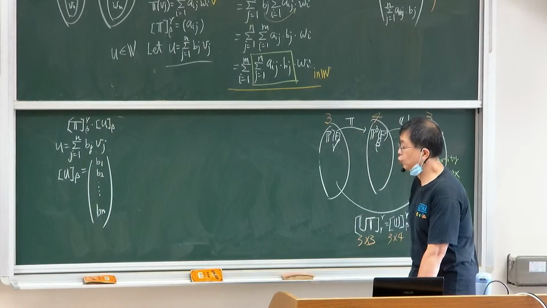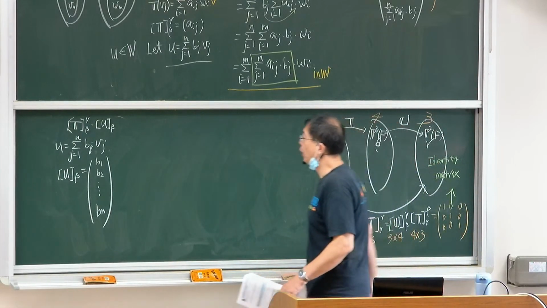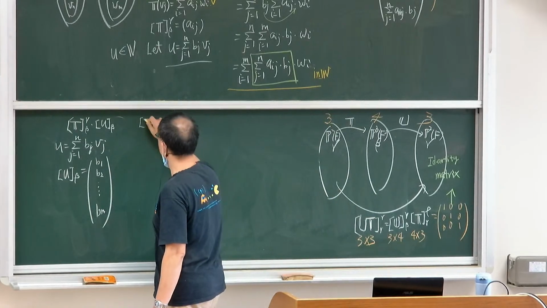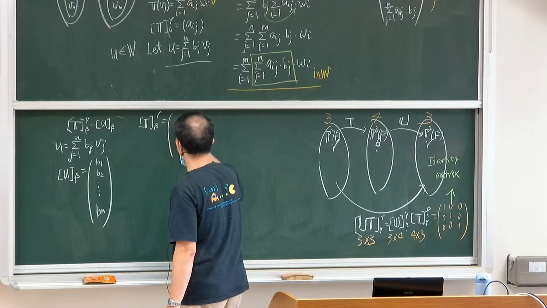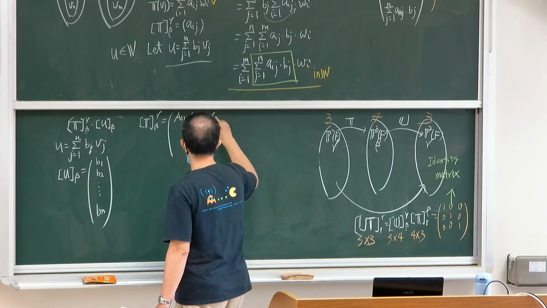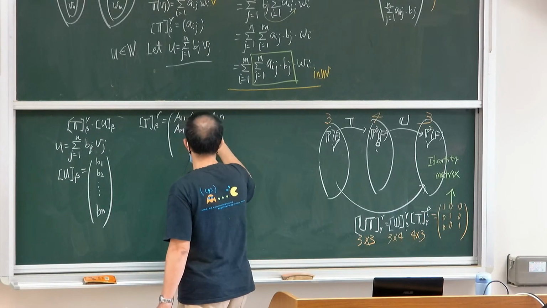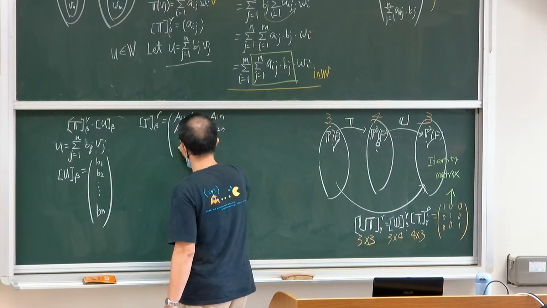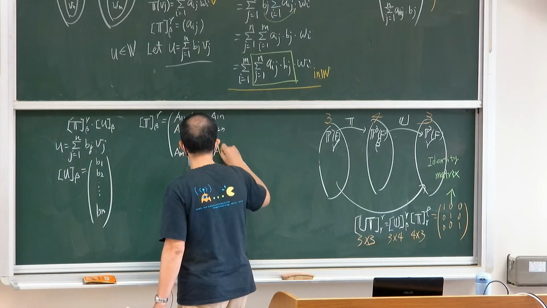And what will this matrix look like? It becomes A11, A12 to A1n, A21, A22 to A2n, etc., AM1, AM2 to AMN.